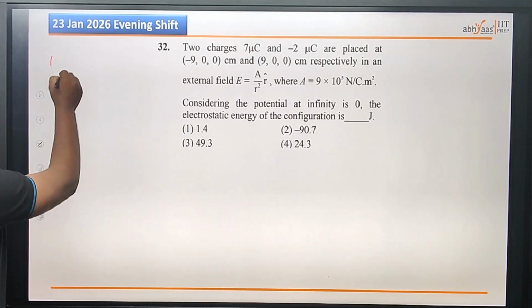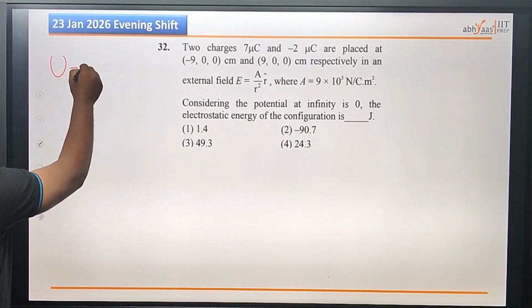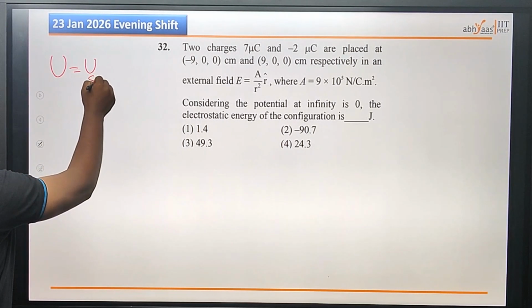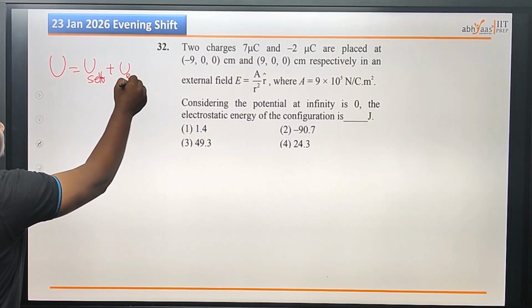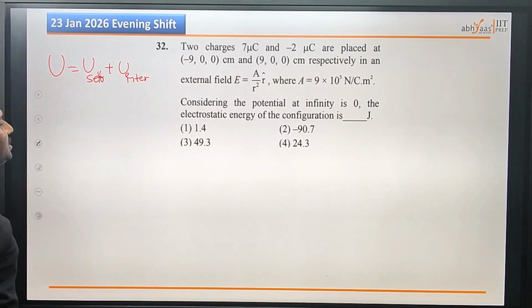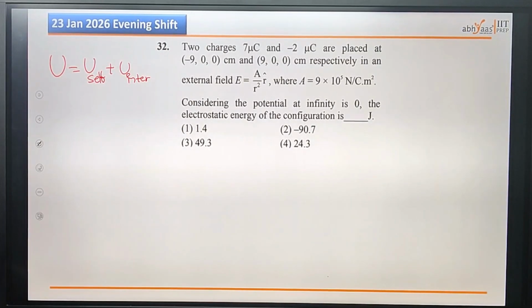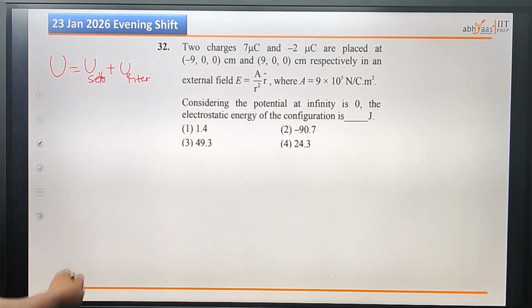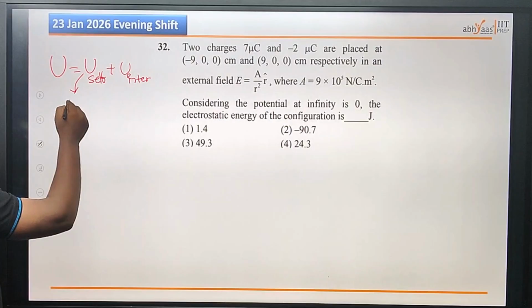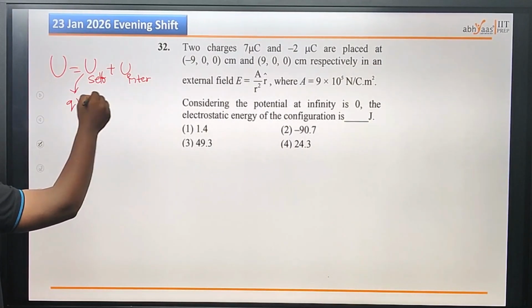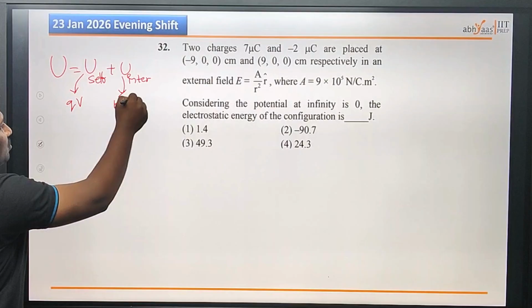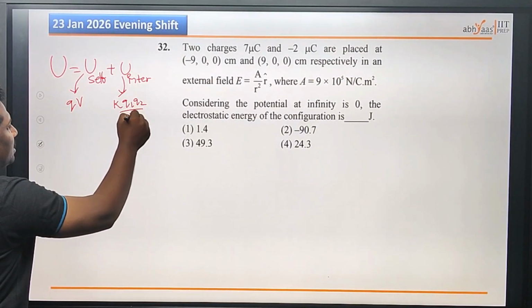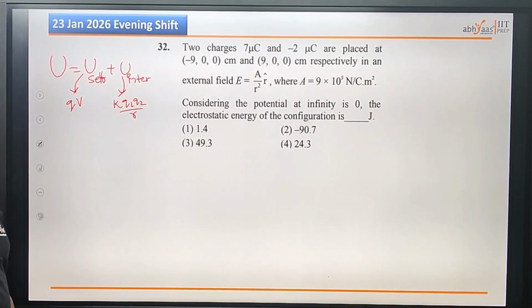So electrostatic energy U can be written as energy with respect to self and energy with interaction. What is self? Self is nothing but Q times of potential. Interaction is nothing but K Q1 Q2 by R.